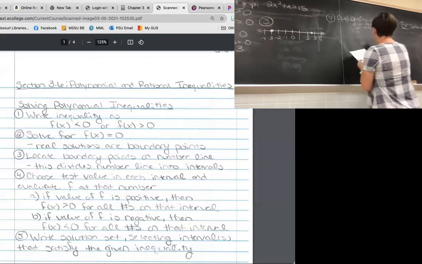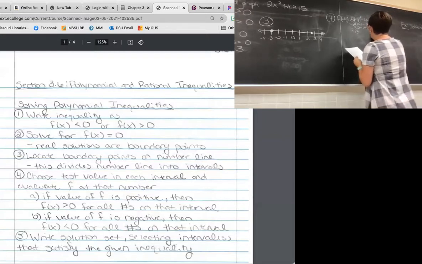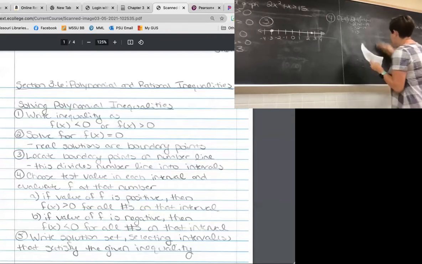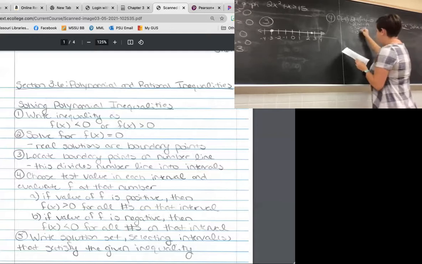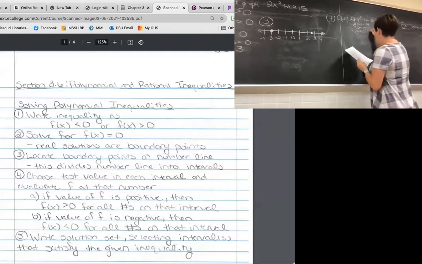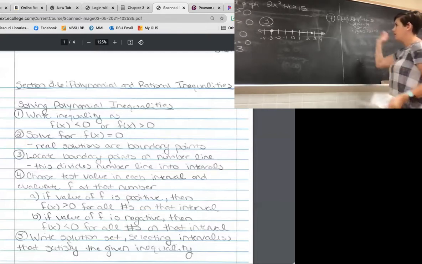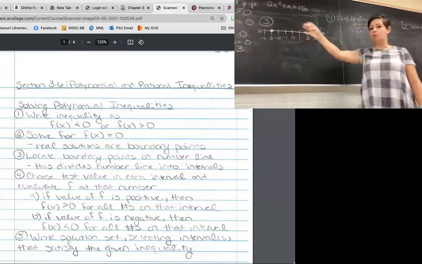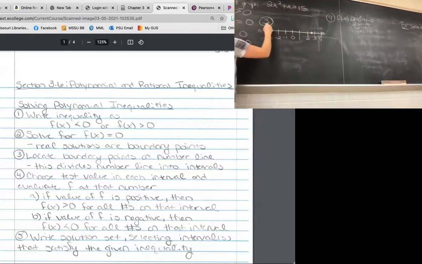Oh, we don't have this extra thing, sorry, because we're just evaluating at that point. So we get 13. That's greater than 0, right? So that means that our f of x in that interval is greater than 0. If we plug in any of these values in that interval, we're going to get a positive solution. So on my number line, above that section, I'm going to write a little plus sign.